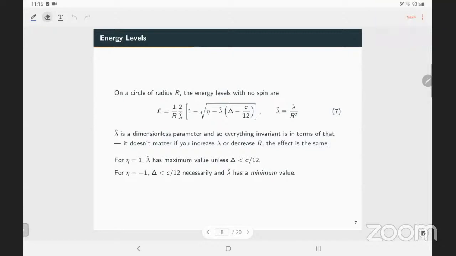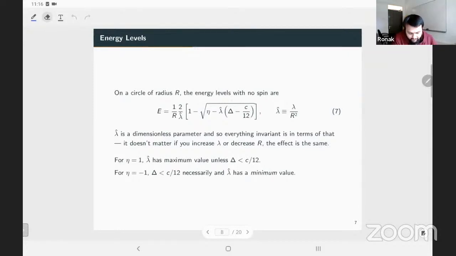But this kind of makes sense because if you set eta equals -1, say, or 0, the square root is only real if delta is less than C over 12, right? Because the second term has to be positive. And now lambda hat has a minimum value. So it all makes sense. Clearly the eta not equal to 1 theories are very weird in that they have very few states. Say the eta equals -1 theory, because delta has an upper bound, which is C over 12.